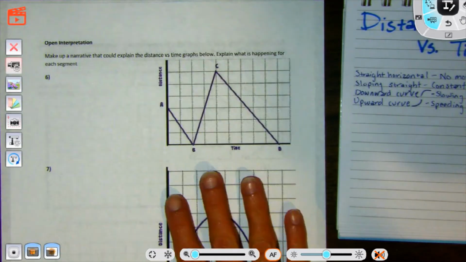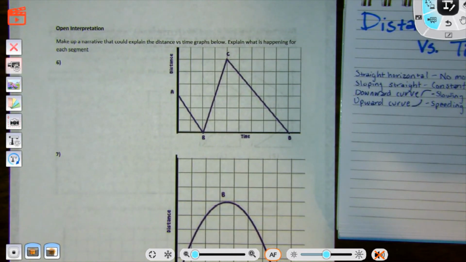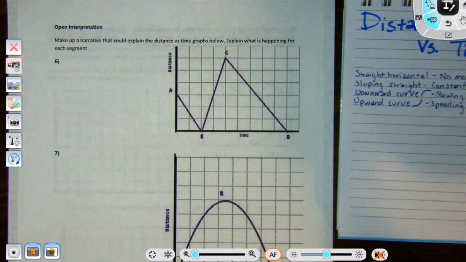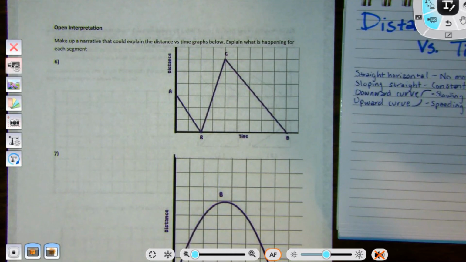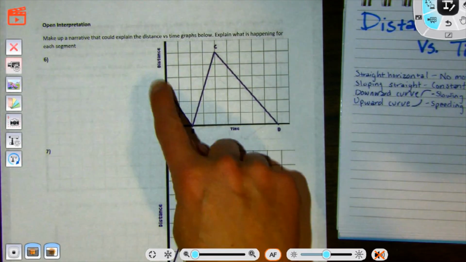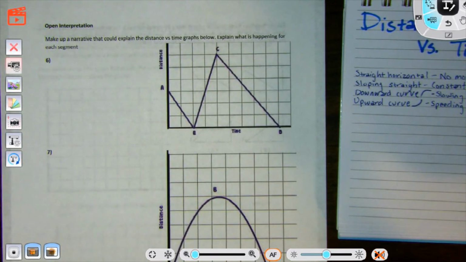If you do this, I will give you guys extra credit. So you're going to make up a good narrative, a good one, okay? And you're going to explain what this is. So you're going to come up with a storyline.